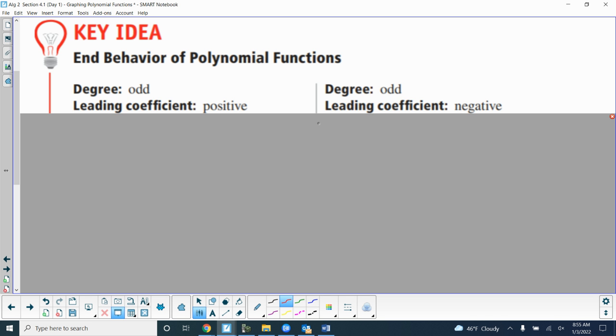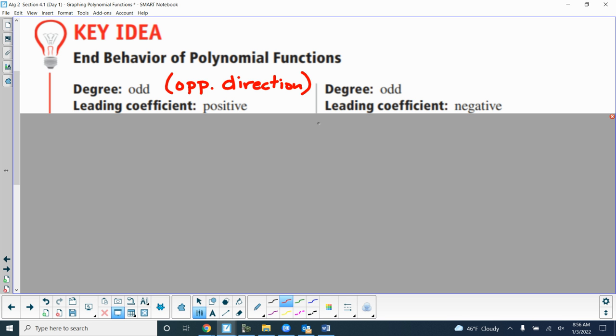If the leading coefficient's negative, what's the far right doing? Going down, right? If it's odd degree, odd starts with an O. Opposite. Starts with an O.